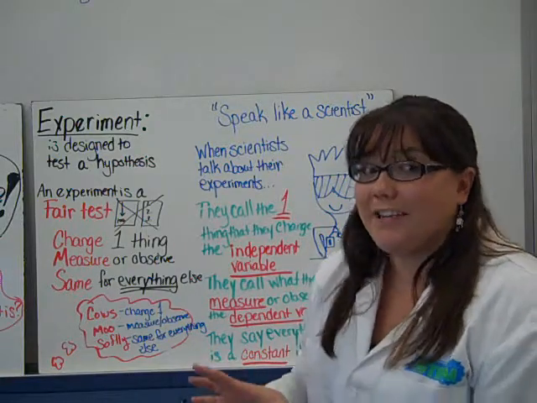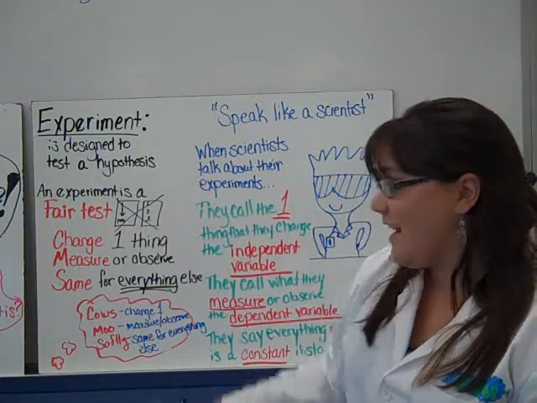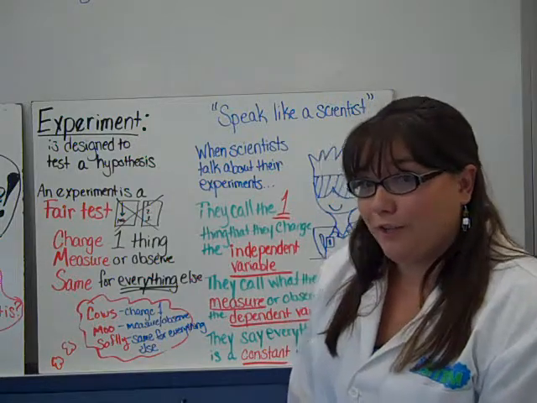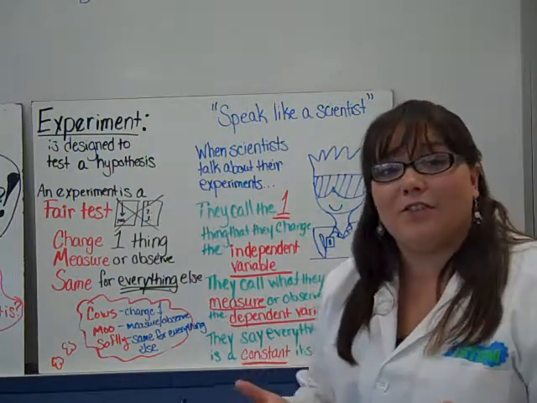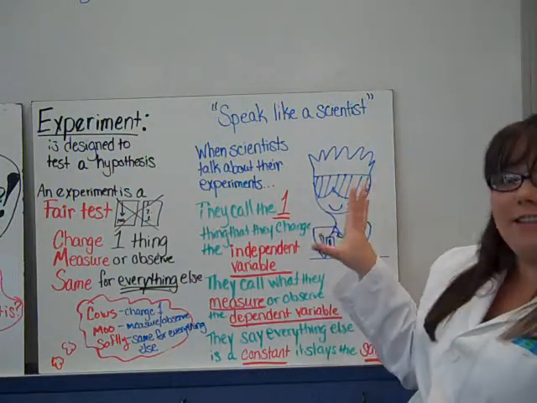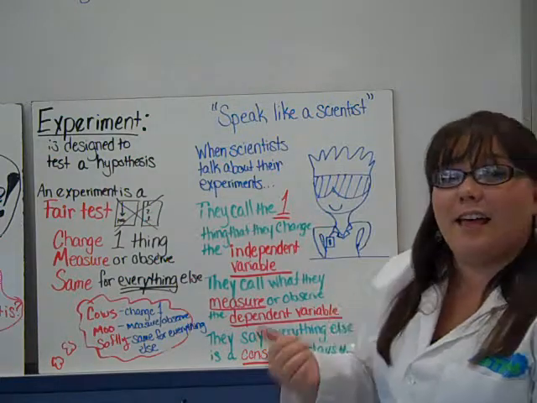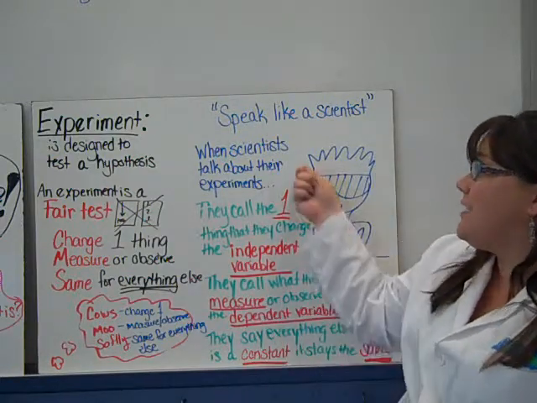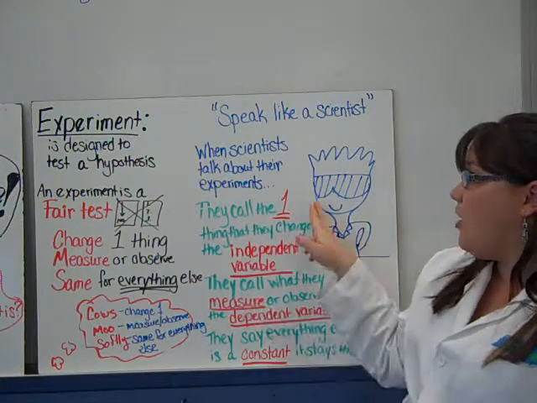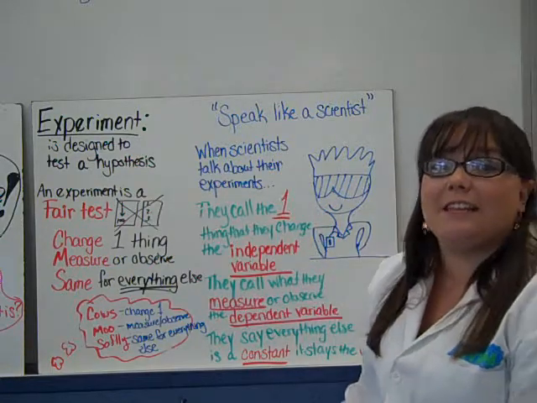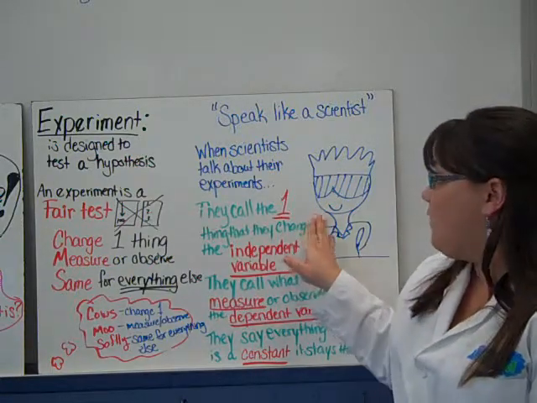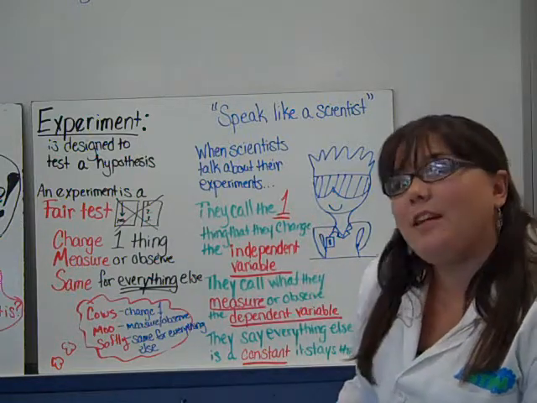Now, I'm sure scientists in the lab don't go, hey Dan, did you remember cows moo softly? No, they have a little bit different words. So we're going to talk about what scientists say. And we're going to try to speak like a scientist in science class. When scientists talk about their experiments, they call the one thing that they change the independent variable. So that one change is the independent variable.